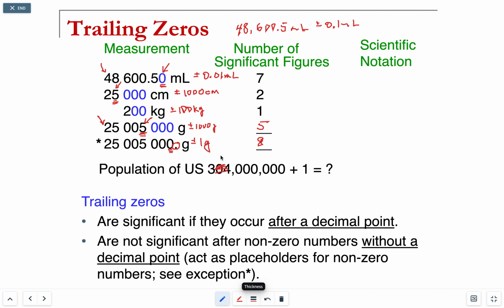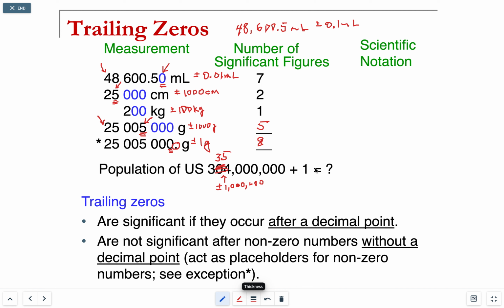I'm not going to get into the details of how well we know this from the U.S. Census, but just for the sake of argument, let's say that we know this value to plus or minus 1 million, which is what is being implied when we write 335 million, right? It could be somewhere between 334 and 336 million.